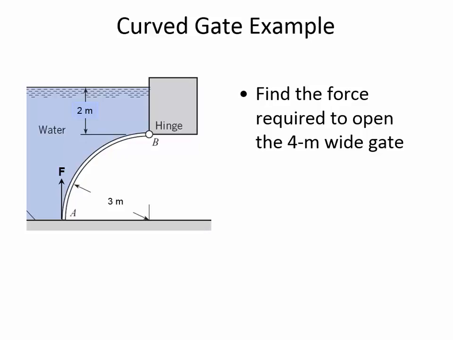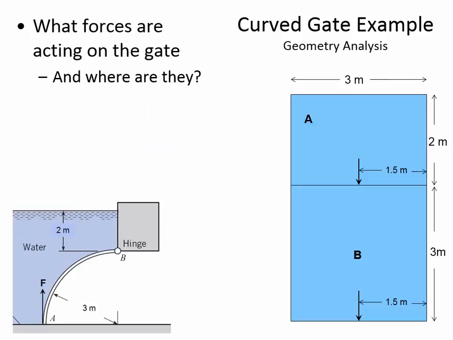Okay, so if you're already starting to think about how you're going to break this down, the horizontal component part is easy. The geometry of the weight of the water is also easy, but it's going to take some finesse. So the finesse we're going to use here is, let's say we've got these two shapes, shape A and B. The reason we're doing this is that in the back of your book, there's no formula for the area.